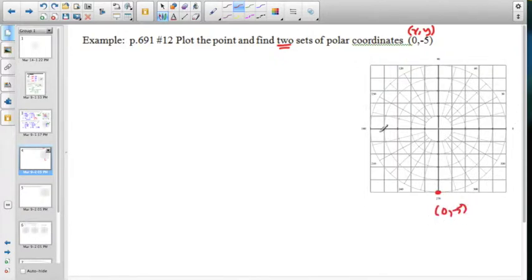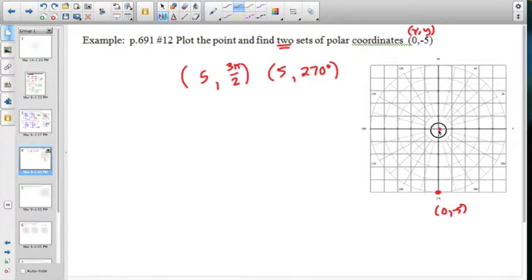And so what is that on the polar plane? Well, it's along the 270 line. So we have a radius of 5 in the 3 pi over 2 direction, or 5 in the 270 degree direction. Those wouldn't be two unique points. That would be the same point, just written in terms of radians or degrees.